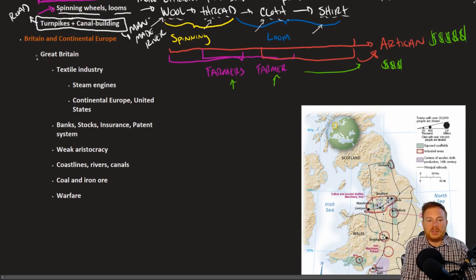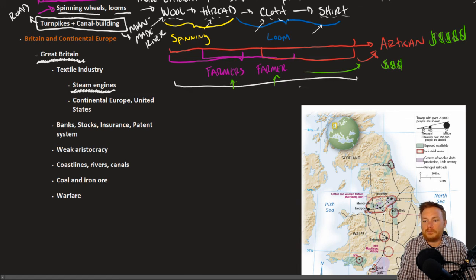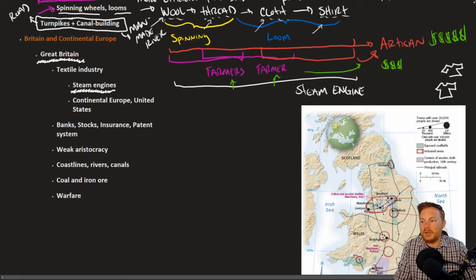So when we look at when industrialization started to take hold in Great Britain, again, it is the use of steam engines to create. Now, if we take this whole process and say, well, if we make this process done all by the steam engine, which is effectively what the Industrial Revolution does, not only do we get a lot more in terms of the quantity that's produced, because a machine can produce a lot more than one person with their hands, but it's also done for a much, much cheaper price.